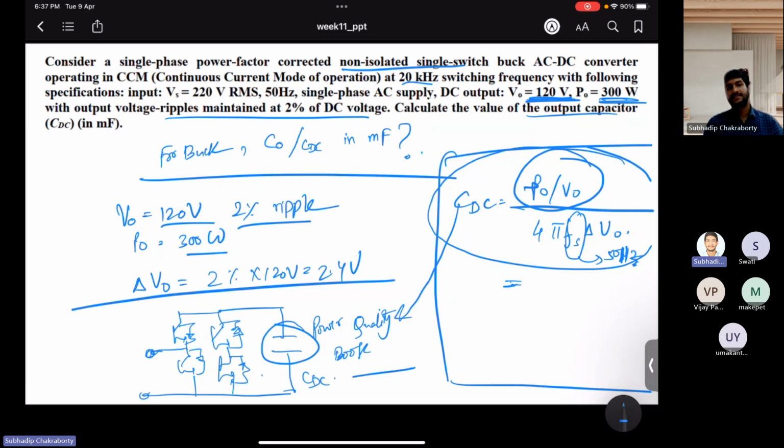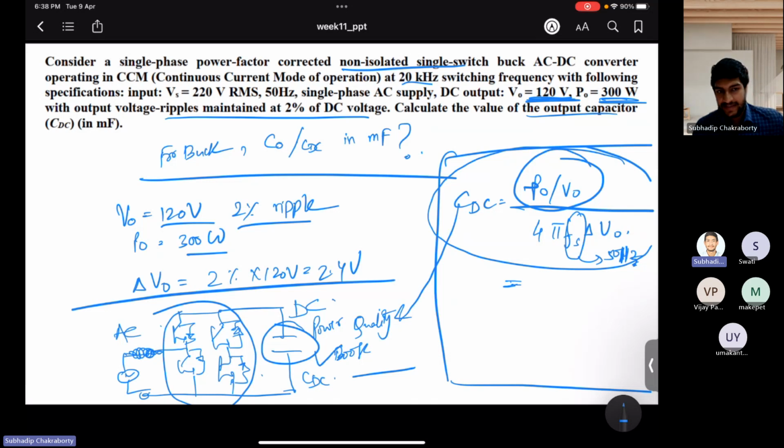Because in a single switch AC/DC converter, this side is the AC, right? This is AC, this is DC. So inherently this is providing a bucking action. You don't need another DC to DC bucking stage. That's why this capacitor is sufficient to provide the load voltage.